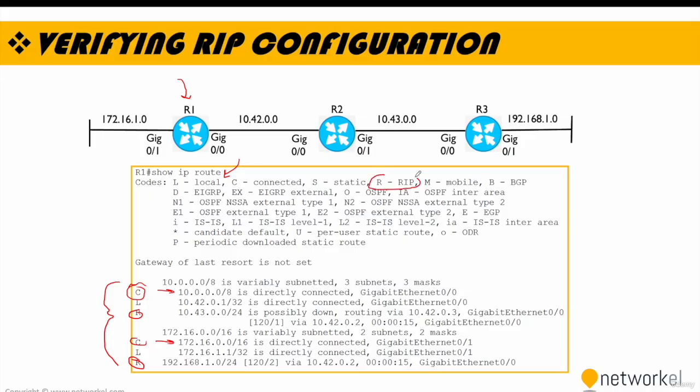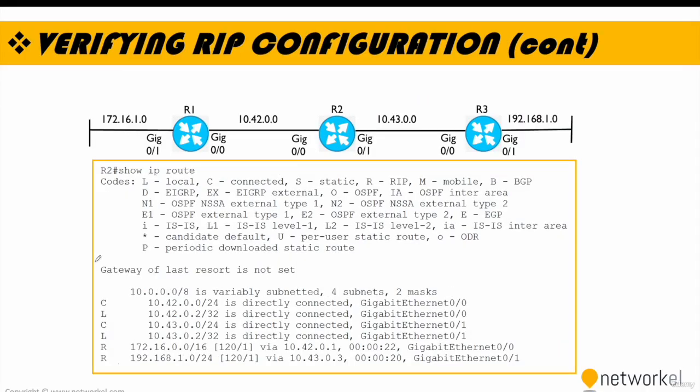Type R is RIP, which means this router 1 has learned these networks, 10.43.0.0 for example this one, as well as 192.168.1.0, which is this one, by using the RIP protocol. You will see the next hops, and you will see the timers, for how long this route has been active. This information will also be available.